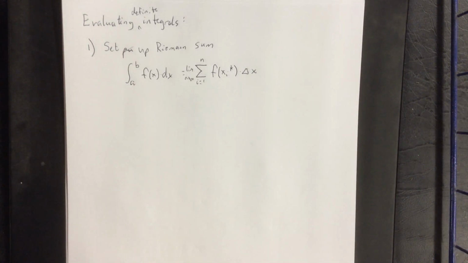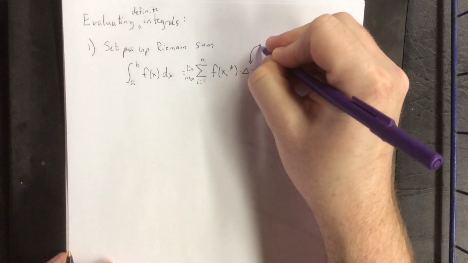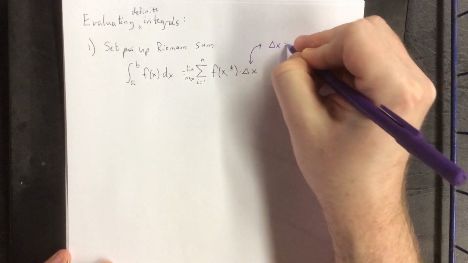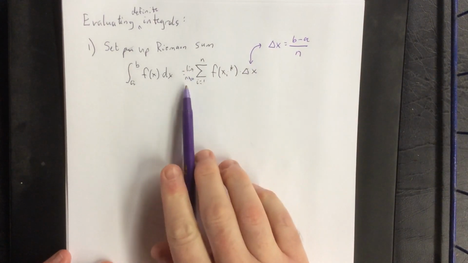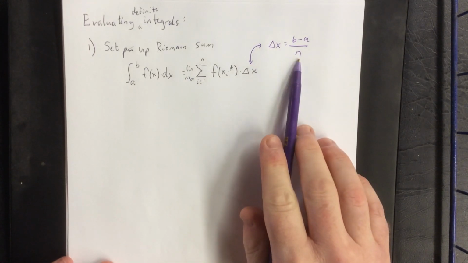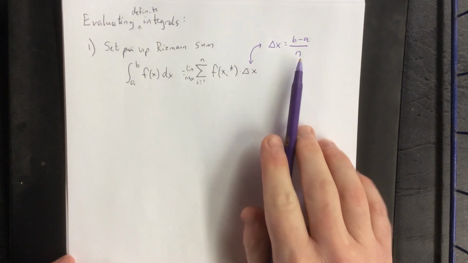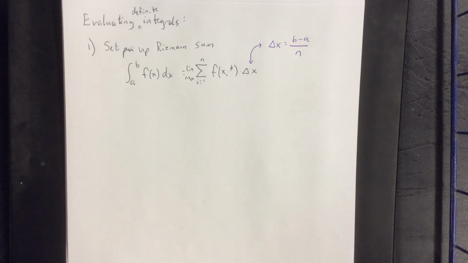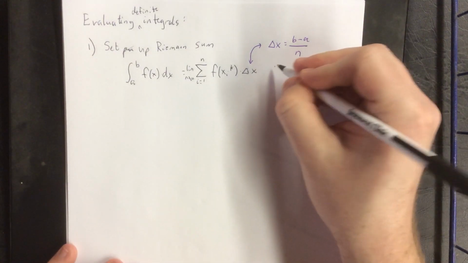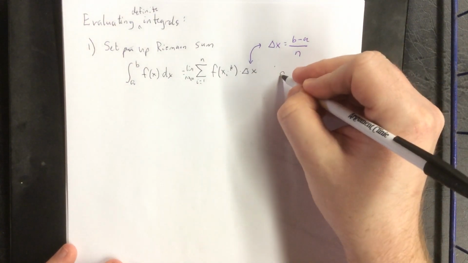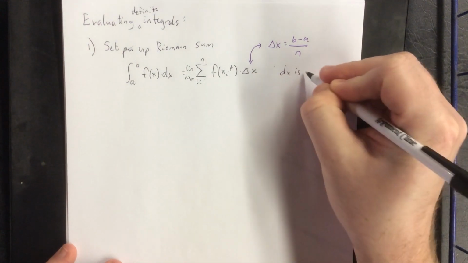Recall that delta x was b minus a over n. When n goes out to infinity, the length of the interval tends towards 0. Anything that tends towards 0 in length is referred to as an infinitesimal distance. So dx is infinitesimal.